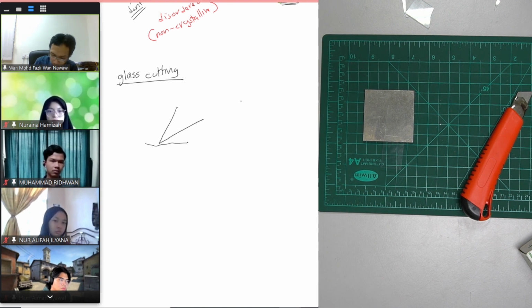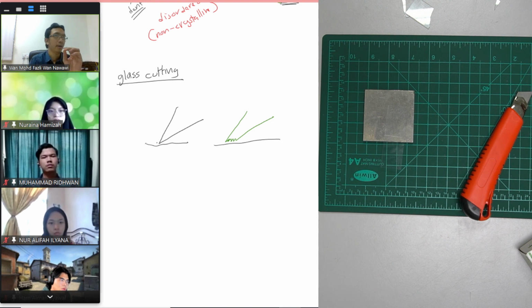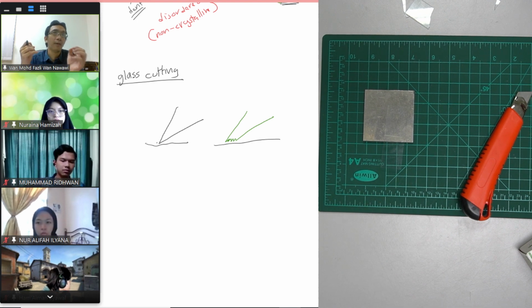But if your knife is blunt, you have many points to scratch the surface, which makes it easier and more successful. A sharp knife is okay if you want to cut something soft. But if you want to cut something hard like ceramic, you need something not only sharp but also hard and with some ridges.